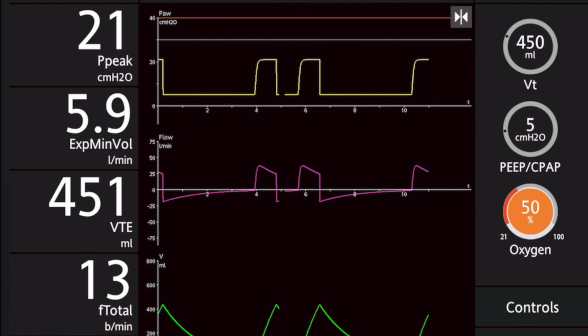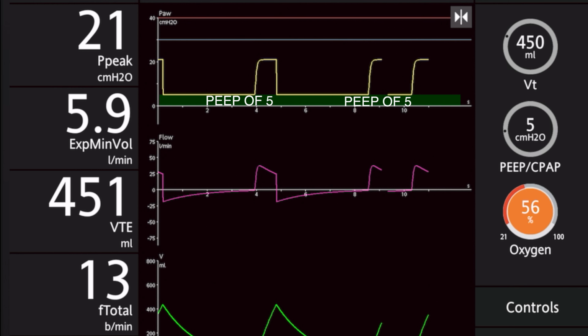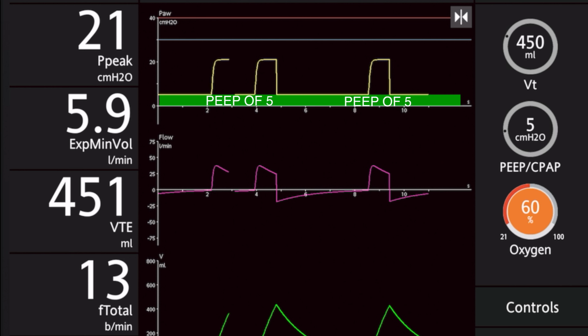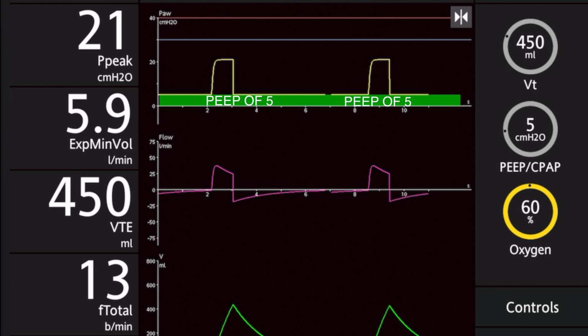Then, we gradually reduce the fraction of inspired oxygen, aiming to use the least supplemental oxygen and PEEP to maintain a saturation between 94 and 99%. Mastering the FiO2 and PEEP adjustment strategy is a critical skill that you can learn to ensure the best care for your patients. An upcoming module has more on titration and ventilator settings adjustment strategies.